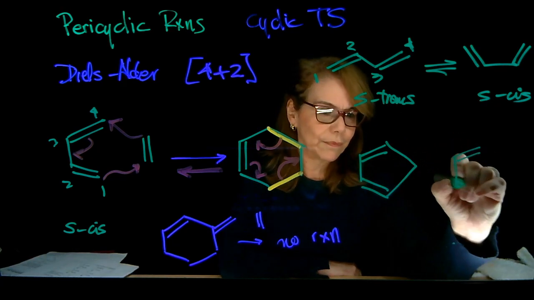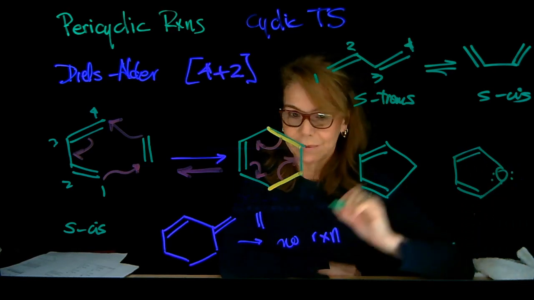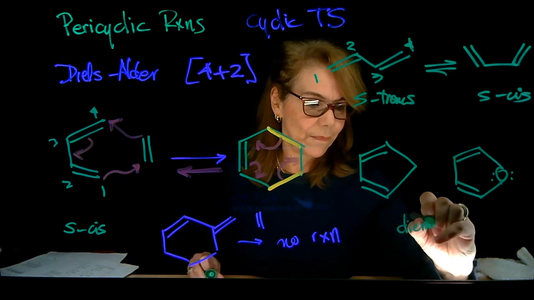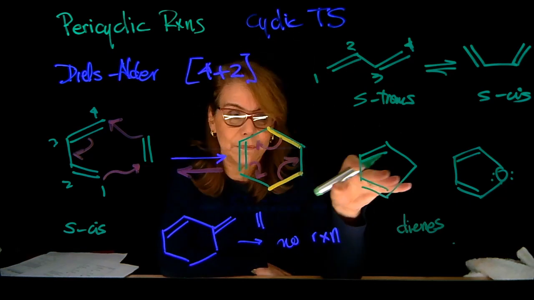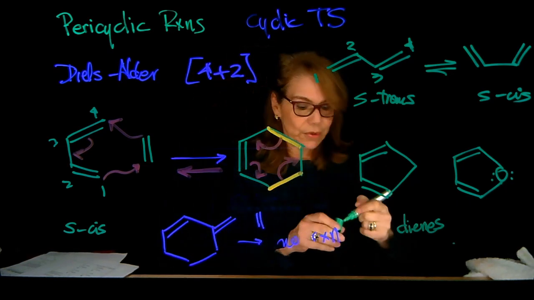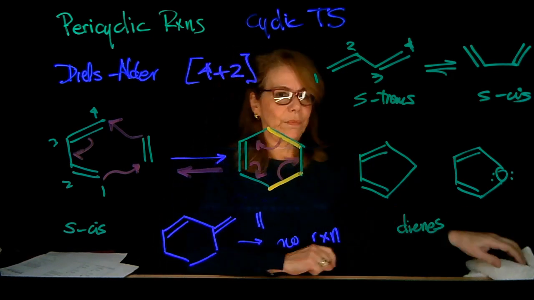Or you can have furan, for example, as well. So these are also dienes, and they are very reactive because they're locked into that conformation. The previous one will be non-reactive. So that's one thing to take into account in the Diels-Alder.